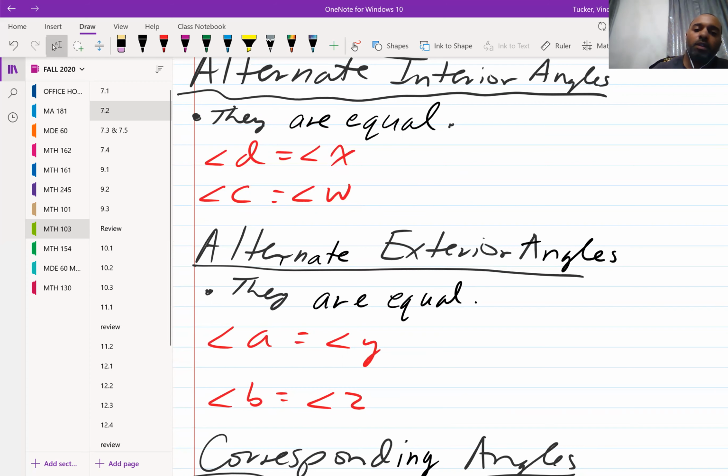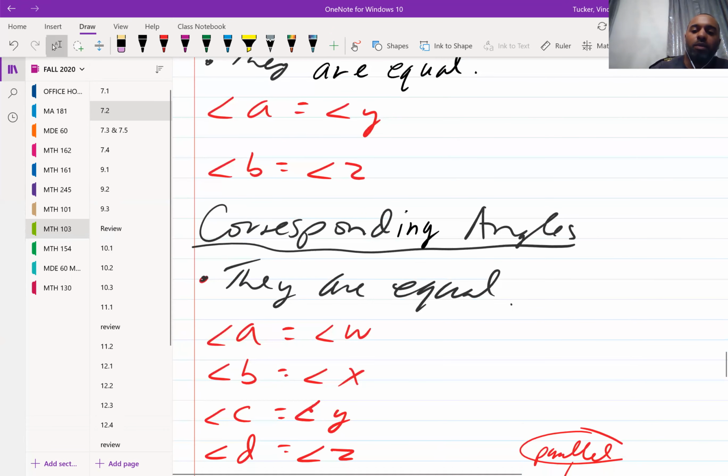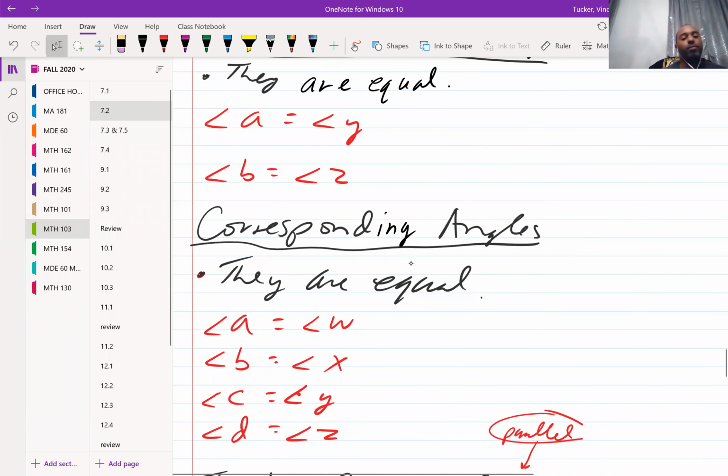All right. And the last relationship created from this diagram or geometrical figure: corresponding angles are equal.